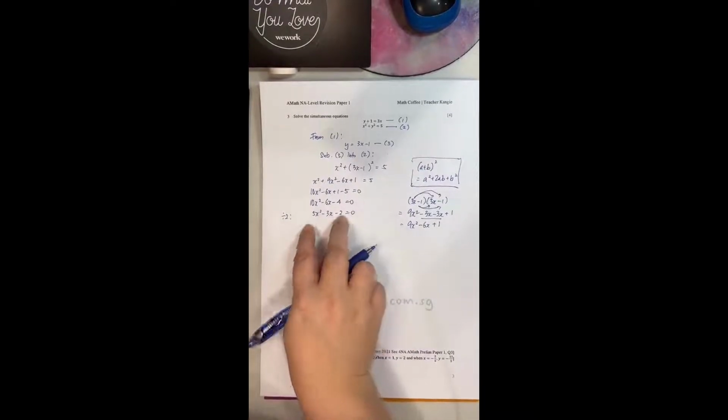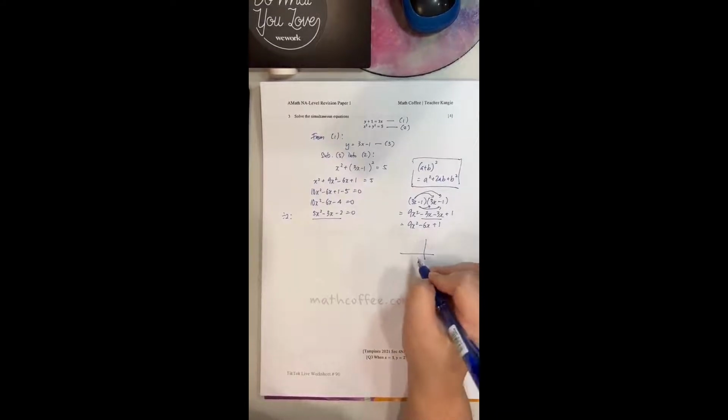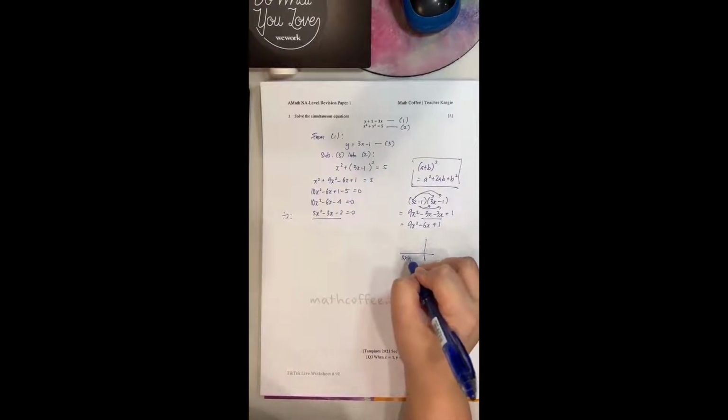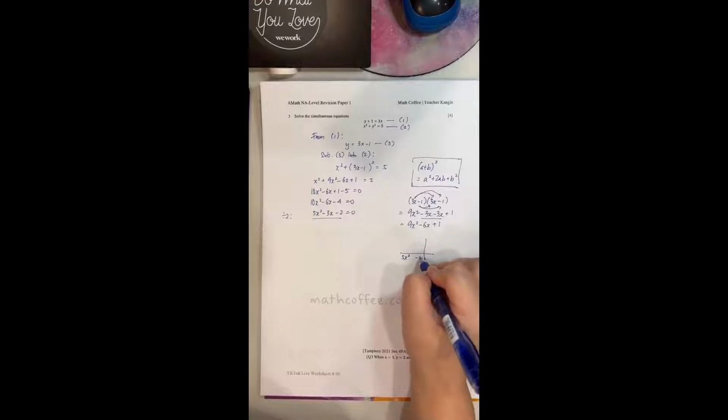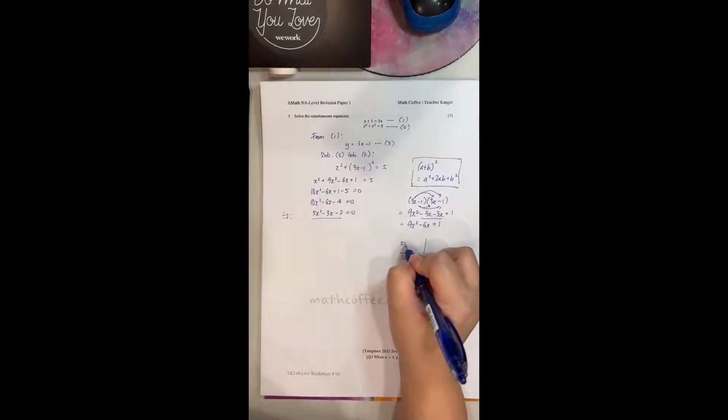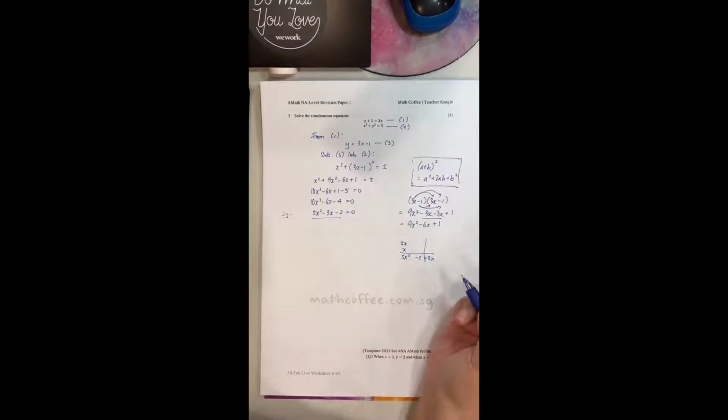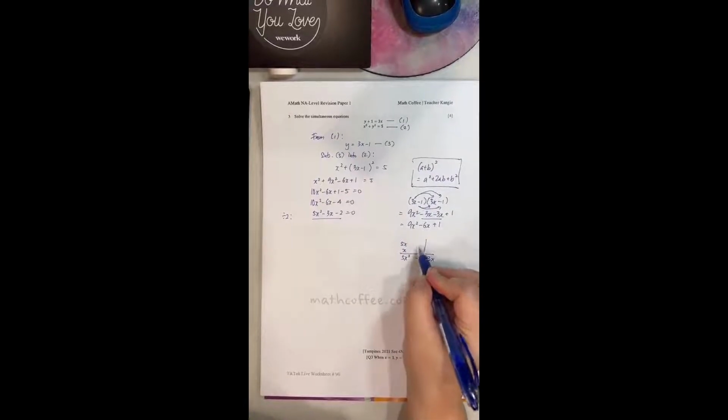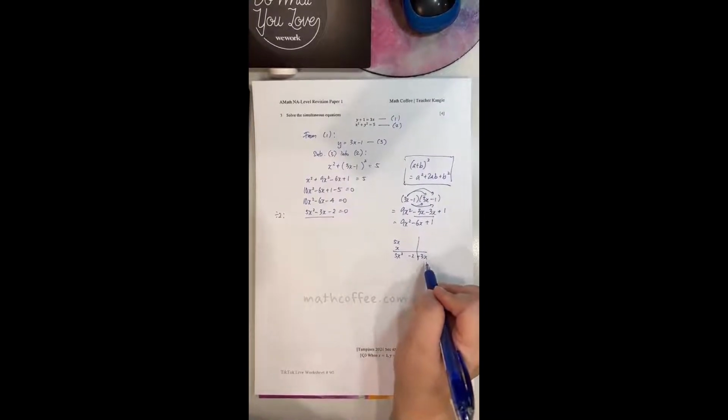So let's say I'm going to use factorization. So this part, I'm going to use the cross method to factorize. 5x squared minus 3x minus 2. So this one only has one combination, which is 5x and x. This one, 2, 1 or 1, 2. So it depends on what you want here. You can try and error with pencil.